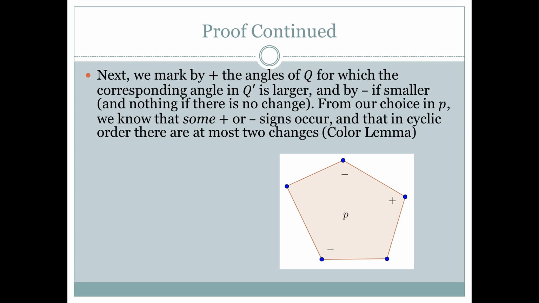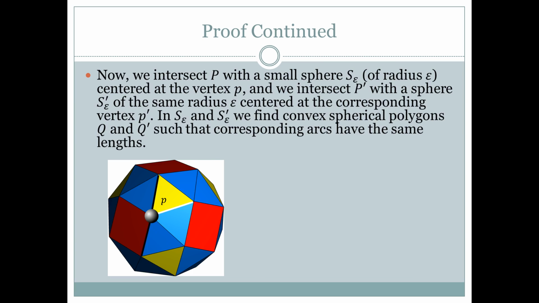Then from here, we're going to mark by a plus the angles of Q for which the corresponding angle in Q prime is larger, minus if it's smaller, and nothing if there's no change. So looking back here, we had the 2 blacks and 1 white, so there are 2 decreases and 1 increase. So we're going to write it similar to this.